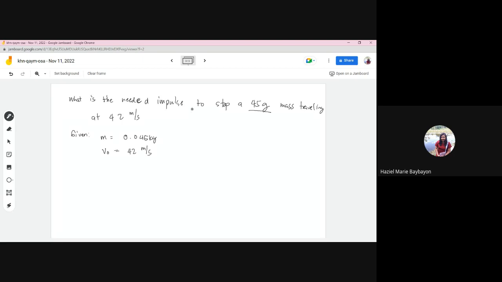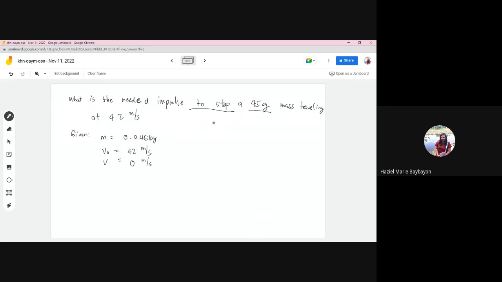And the final velocity. So we want to stop the mass, the 45-gram mass. Nag-move siya from 42 meters per second and we want to stop it. So its final velocity is equal to 0 meter per second. Okay, so what impulse is needed?